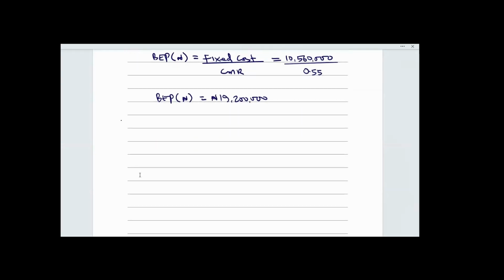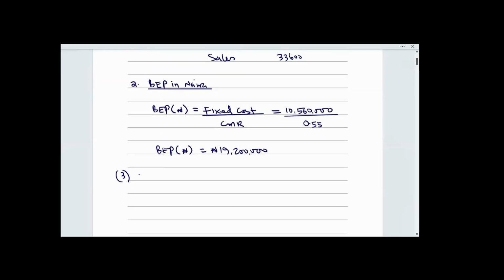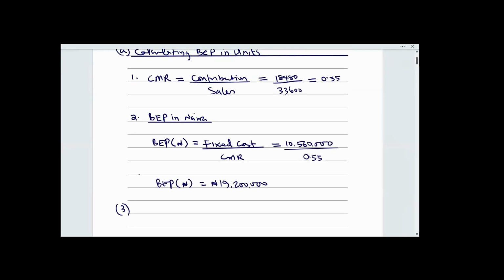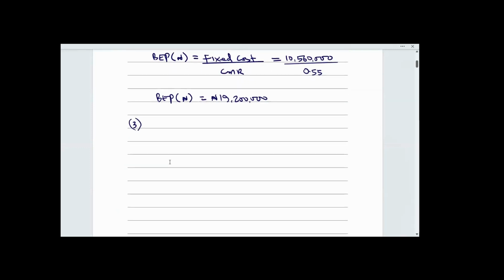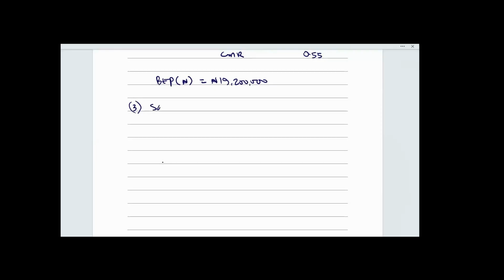Step 3 says you should calculate sales mix. To get the sales mix, you are supposed to divide the sales value of each product with the total sales value. So sales mix for product A, product B. The sales of product A is 8,400.